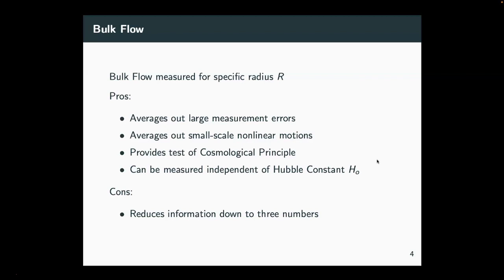So even though we need to use the Hubble constant to find the peculiar velocity, the measurement itself can be made independent of its value. The disadvantage of working with the bulk flow is that it takes an entire data set, which is lots of information, and reduces it basically down to 3 numbers, the 3 components of the bulk flow.